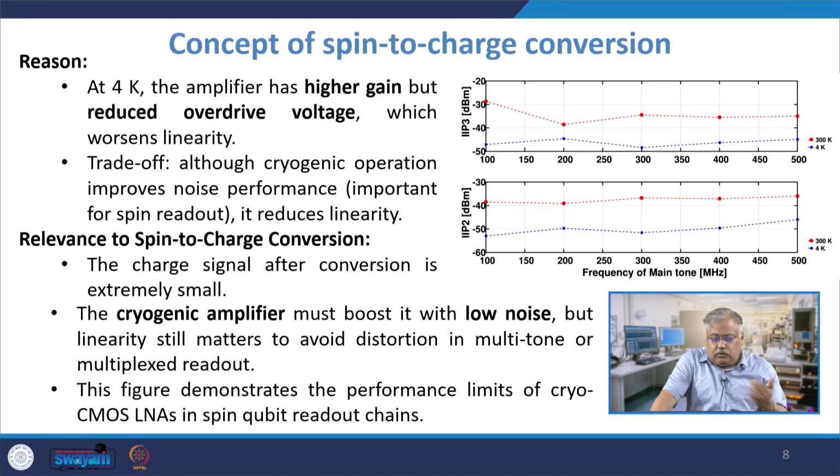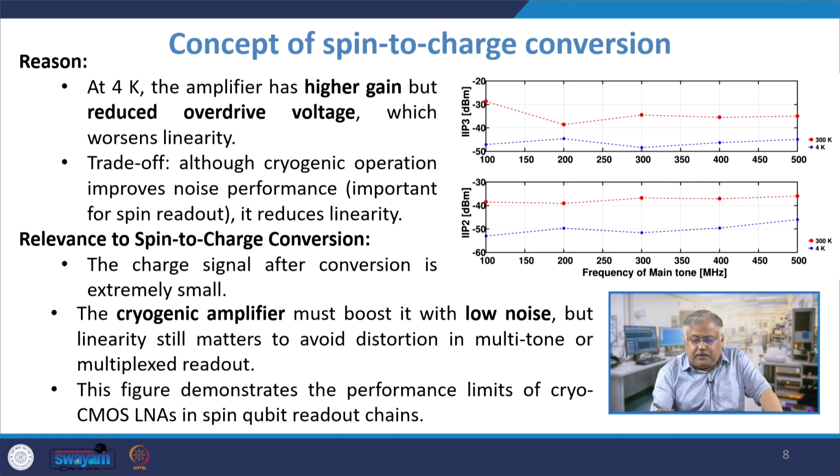Now let us look at why this sort of thing happens at low temperature. At 4 Kelvin obviously the amplifier has a higher gain, as we have seen earlier, but Vg minus Vt is much reduced.